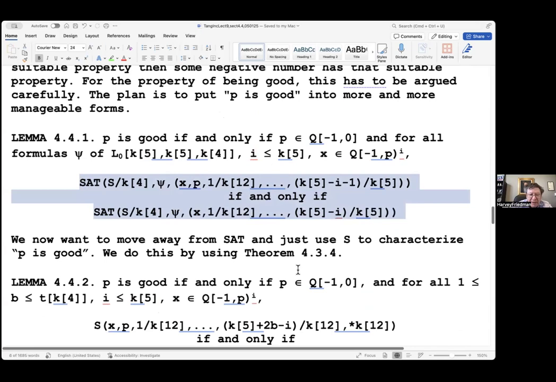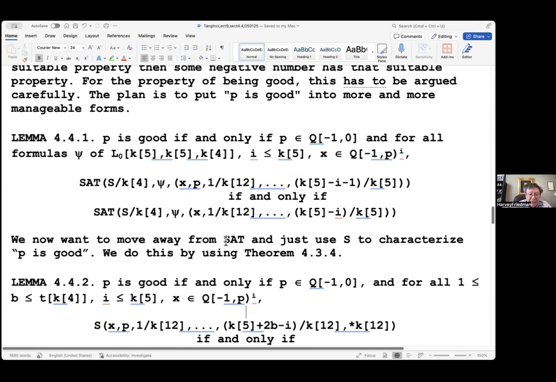I'm pushing p up to 1 over k12, or I'm pushing 1 over k12 back down to p and shifting over. Okay. So now we want a version where we move away from sat and just use S, the k12-ary relation, to characterize p as good. So we're going to make p is good more manageable.